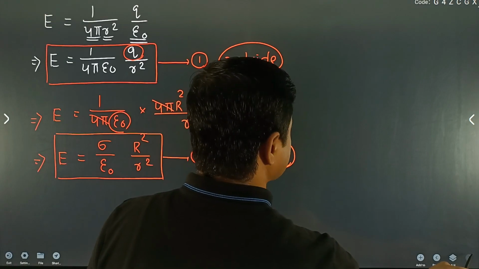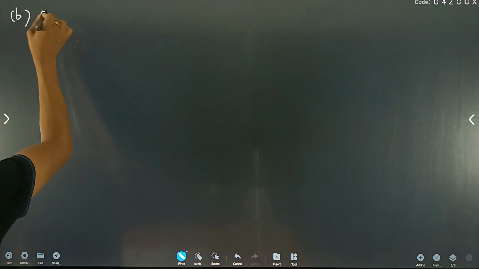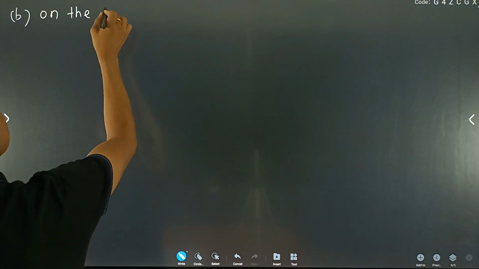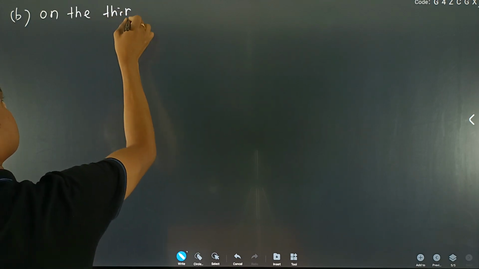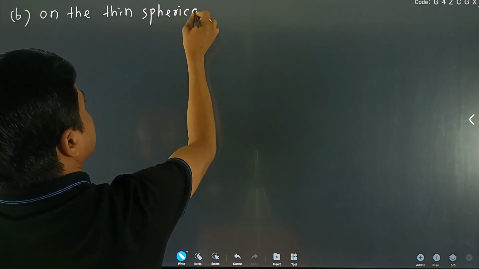We write the second case, case B: the observation point is situated on the thin spherical shell. Clear?